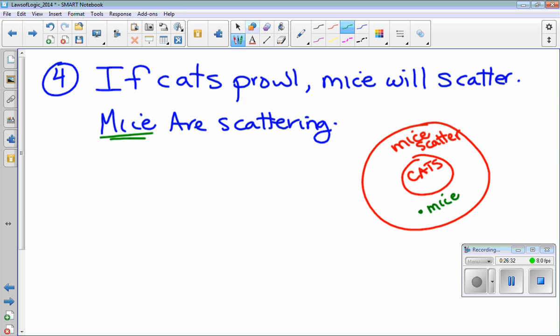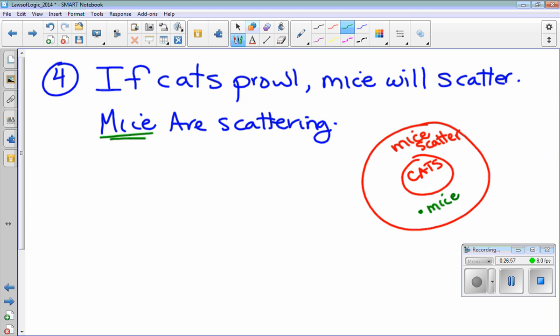Can we make any conclusion based on that at all? We can't say anything, actually. We can't say anything about cats, because the mice are scattering, maybe they're scattering for a different reason. Maybe they're scattering because water is flooding into the house. That's another reason why mice would scatter. Maybe the dog's chasing them. There could be other reasons.